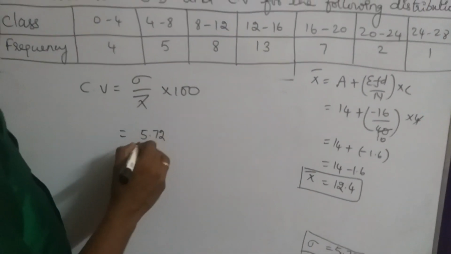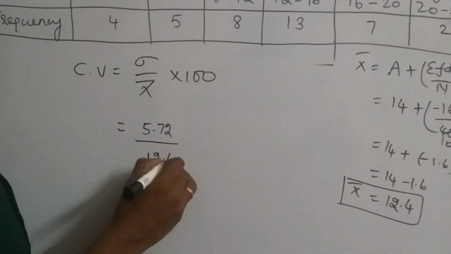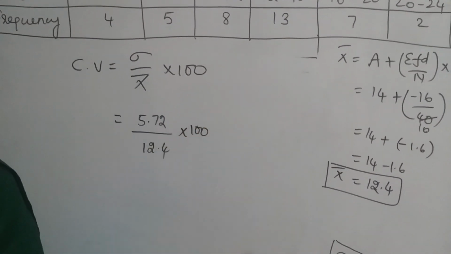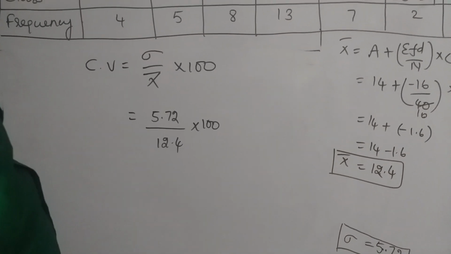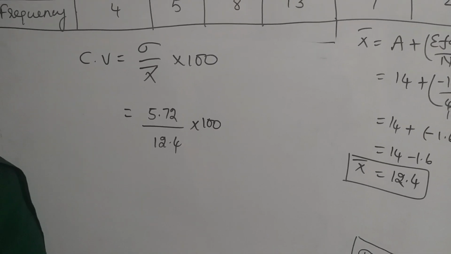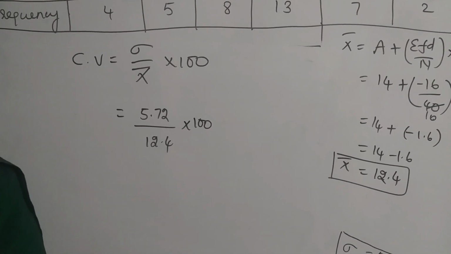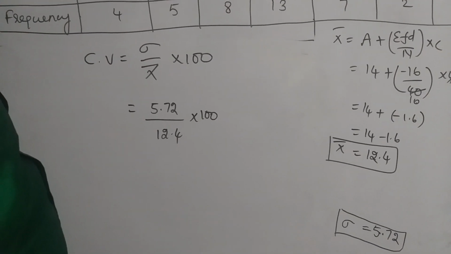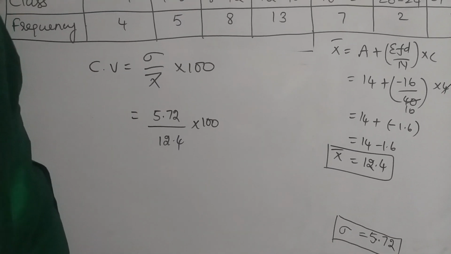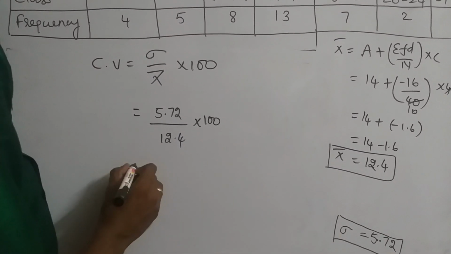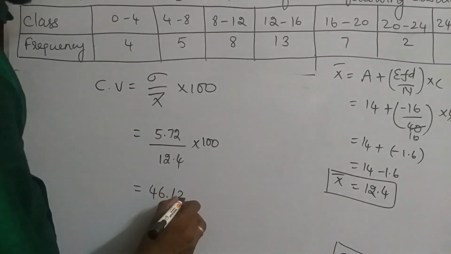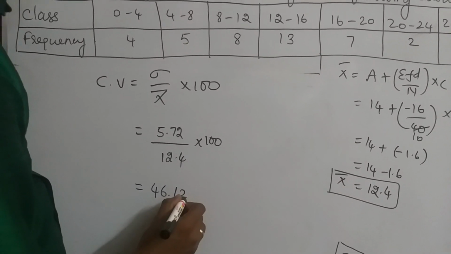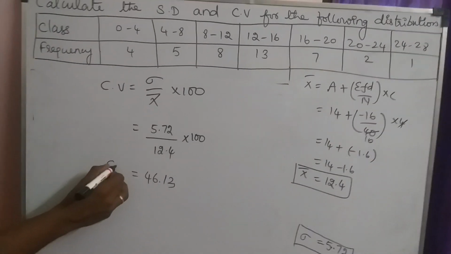So 5.72 divided by 12.4 is 0.46, into 100, the value is 46.129. This is the CV.